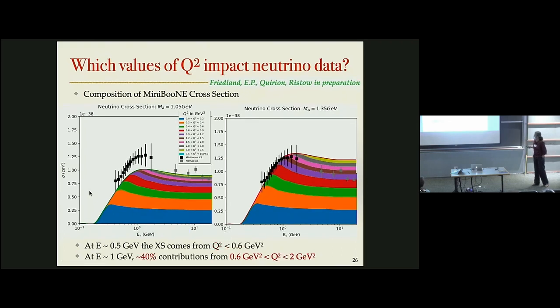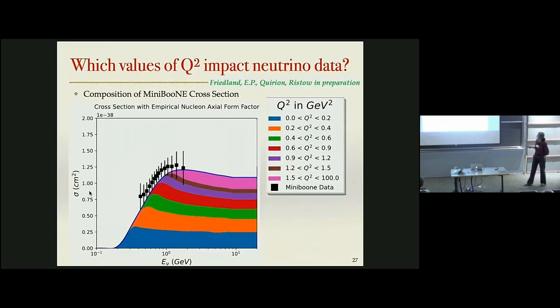At 1 GeV, we have seen that 40% of the contribution comes from Q-squared between 0.6 and 2 GeV squared, okay? And this is the actual prediction for this empirical nucleon axial form factor. You see that it's basically in good agreement with the data, leaving some room for nuclear effects.